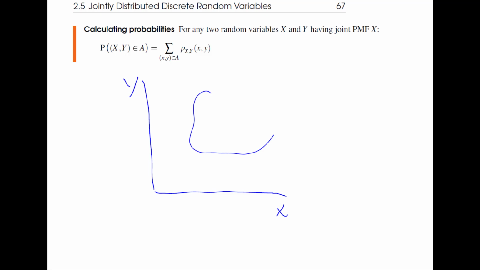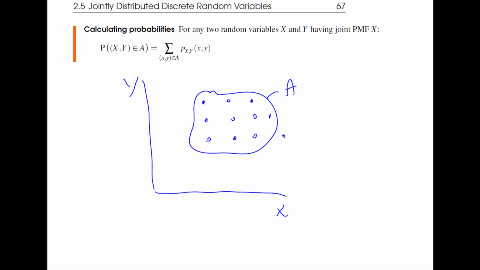So abstractly, it's just any region like that. So here we're asking the question, what is the probability that X and Y fall in this region A? And all we're going to do is simply identify this region, which might be the trickiest part of the problem, and then simply add up all the probabilities that fall inside this region.